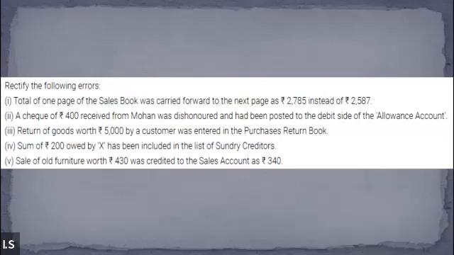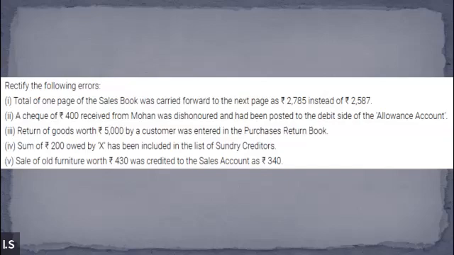So now, in order to rectify this: because we have recorded the same value in the purchase return book, and purchase return has a credit balance, we will first of all debit the purchase return account. Secondly, this value should have been recorded in the sales return book, right?